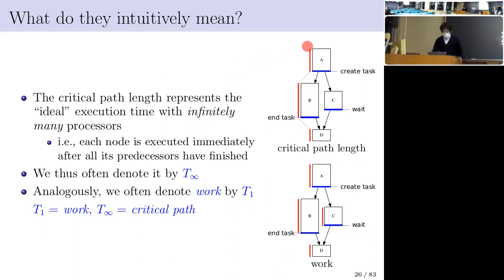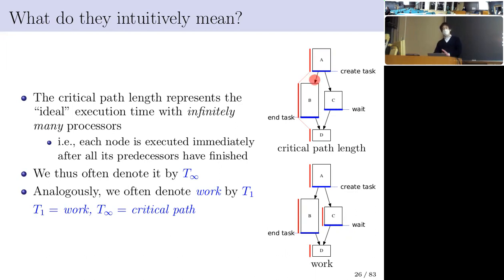Why? Even if you have infinitely many processors, millions of processors, there's no way you can, for example, do A and B in parallel, because there's a dependency.